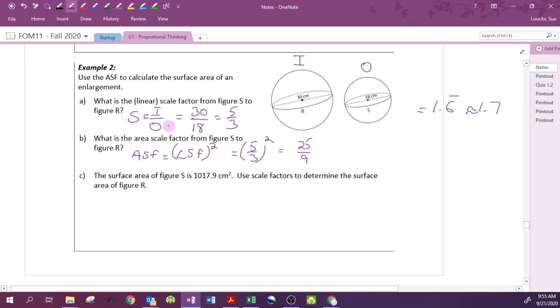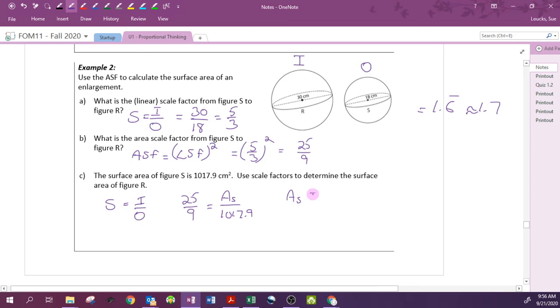And then the surface area of figure S is some number. Use scale factors to determine the surface area of the other figure. So I'm just going to stick with the proportion. I know that my scale equals image over original. My scale is 25/9. My image is what I'm looking for, the surface area of S. And on the bottom, I need the area of the original, which is 1017.9.